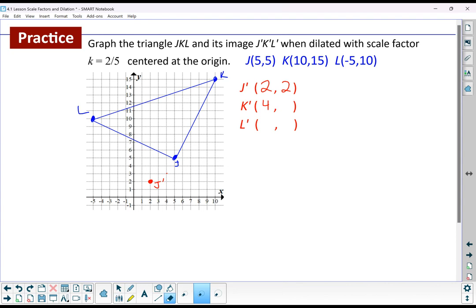Sorry, I miscalculated. You know how I caught my error? I caught my error because I could see that it was not going to be parallel. That's a great way to catch an error. There's K prime. And then L prime is going to be -2 and 4. Let's see if I calculated that one right.